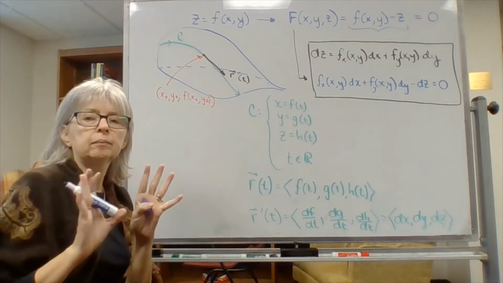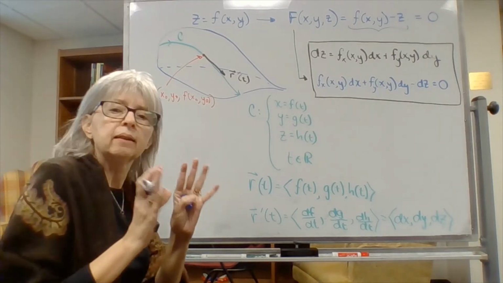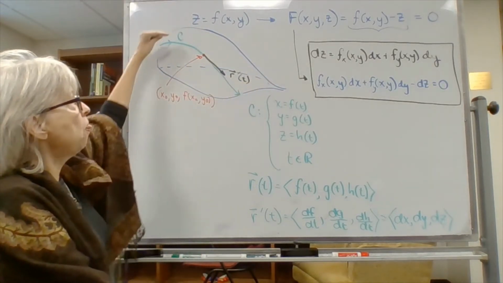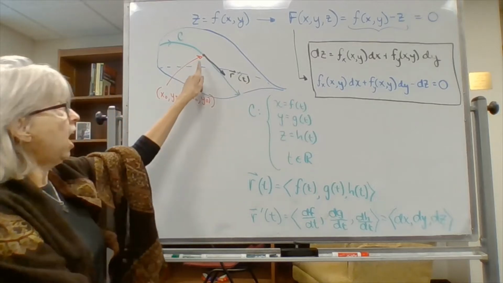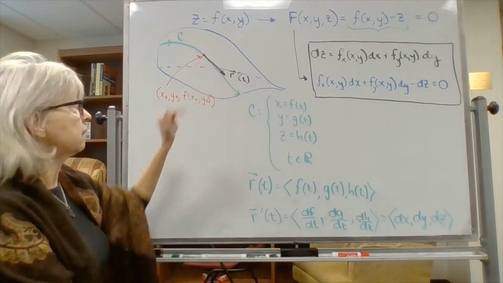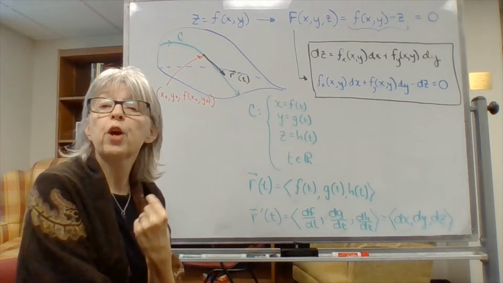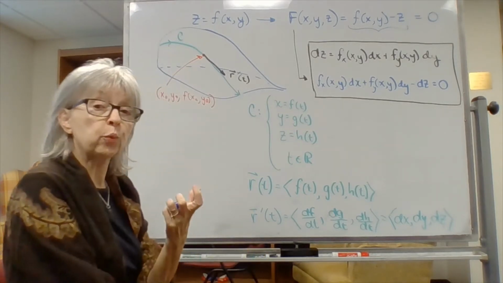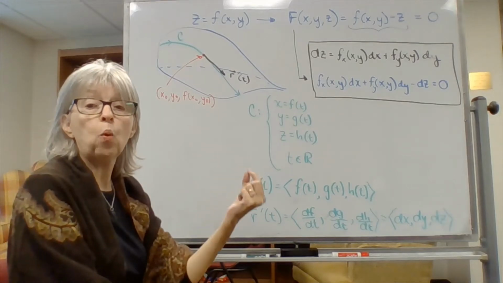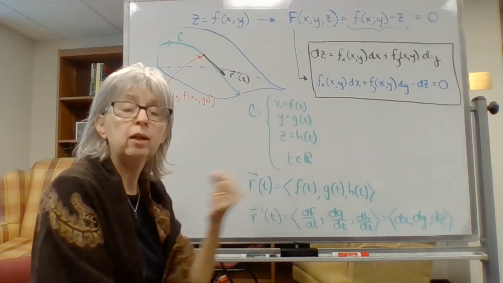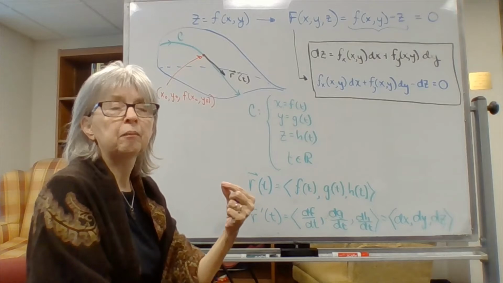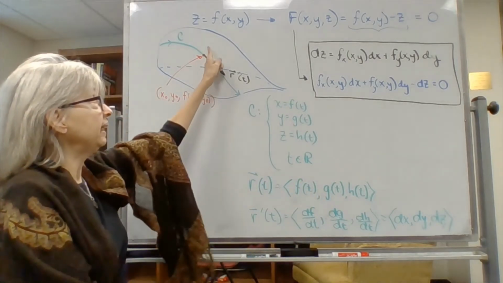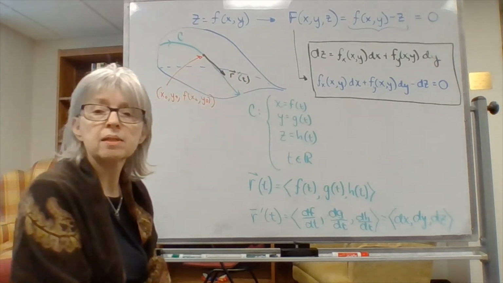Now remember, the z and the little f are giving me the z values on the surface, not just the one point that I picked. It's giving me, for every point x comma y in the domain, the 3D point x comma y comma f of x y, or x comma y comma z, that lives on the surface.